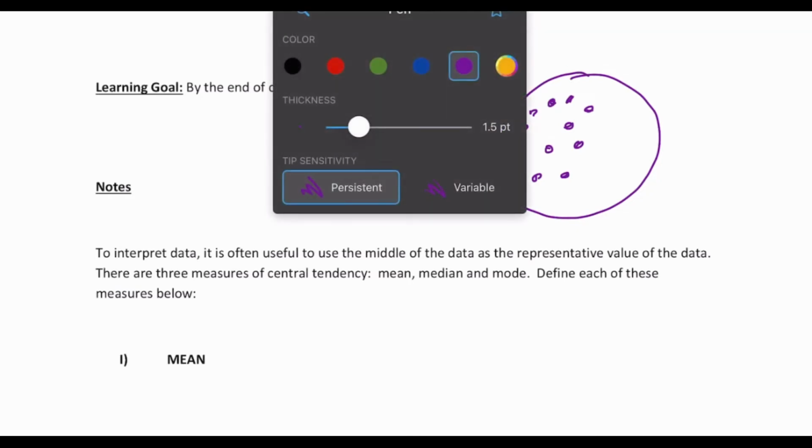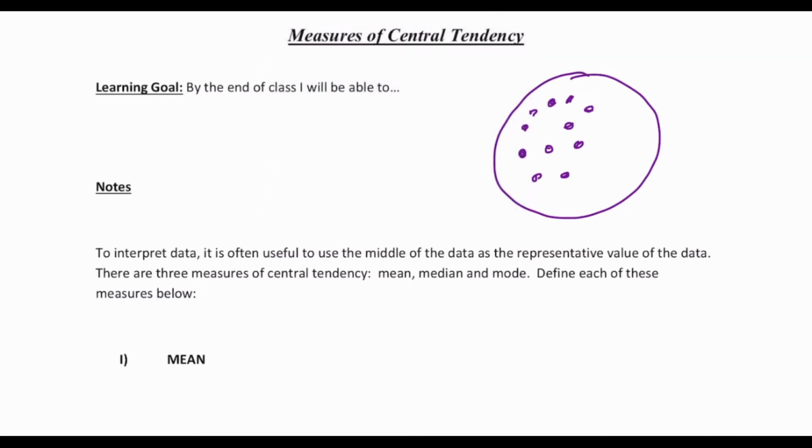Or where were most of these darts located? And you're like, I don't know, how do I describe the location of a whole bunch of different things? Well, what if I just drew a dot in the middle? And I said, all the darts were pretty close to that position. Or that location is a pretty good average of where they were. That's what we do when we find measures of central tendency.